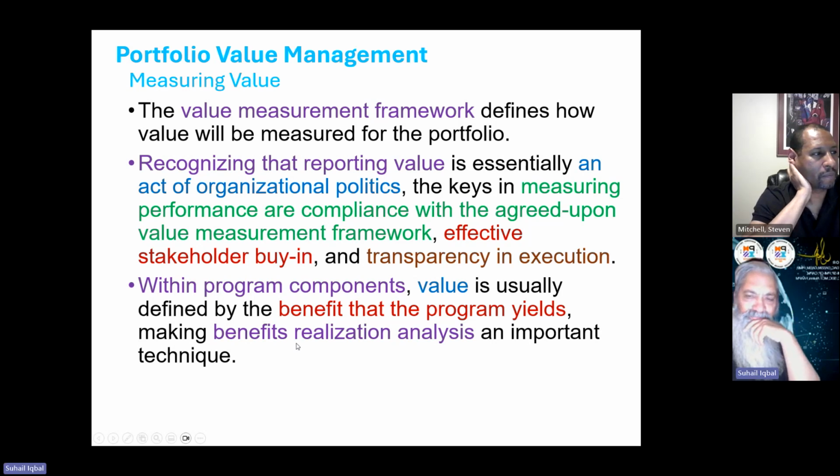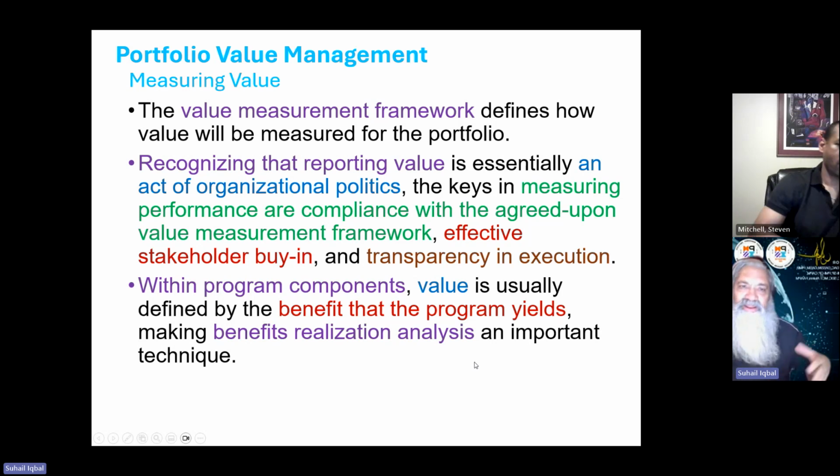Within your program component, value is usually defined by the benefit, like in a program, and in a project it is defined by the product. So in programs, we have a benefit realization plan and a benefit realization analysis, just like we are having things here like measuring value and assuring value and all that.